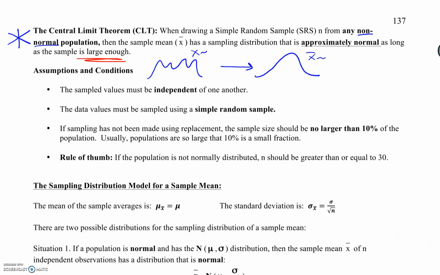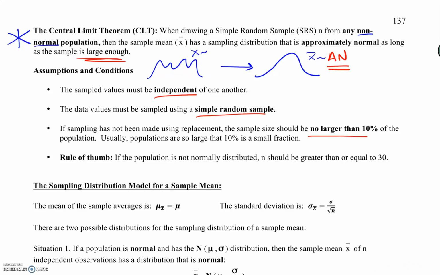So in order for us to have this approximate normality, there are some assumptions that must be met. They should look very similar from part 6, nothing new here. The values have to be independent. We still need a simple random sample. Our simple random sample still needs to be no larger than 10%, so that way we don't have to deal with those without replacement issues.